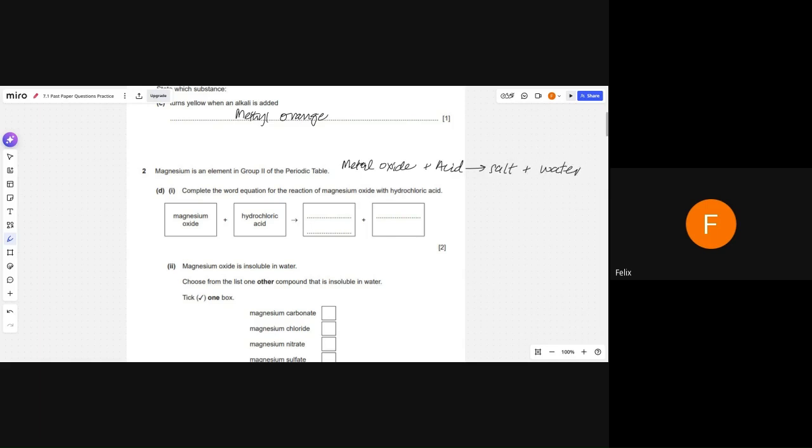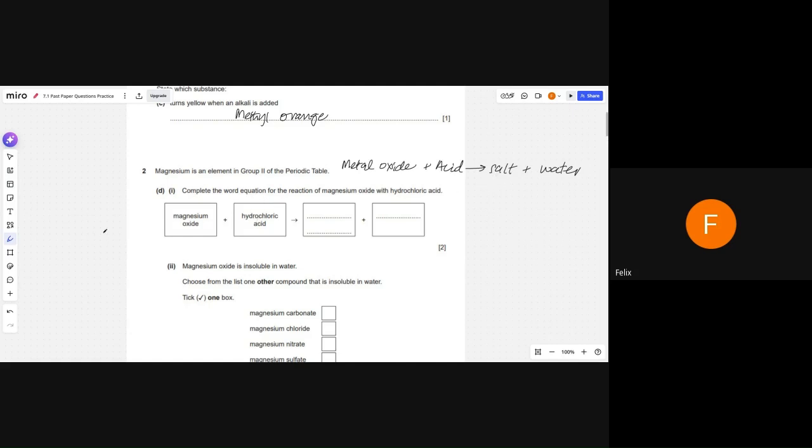So any metal oxide reacting with any acid will result in the production of salt and water. This is the equation you should remember. But the actual concept is how you name the salt. That is also very easy.